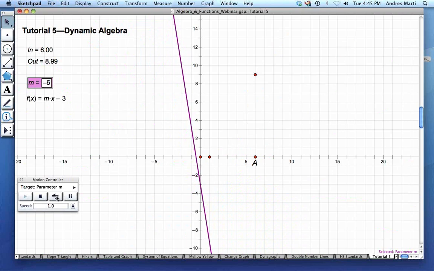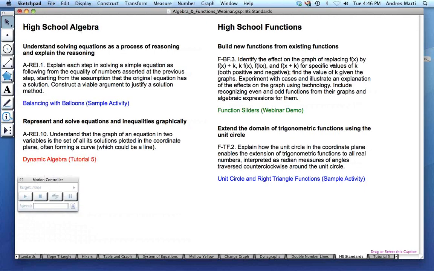More generally, it gets to the idea in the high school standards of identify the effect of replacing f of x by f of x plus k or k times f of x, and so forth, on a function plot. We happen to be working with a very simple function plot, just a linear function.